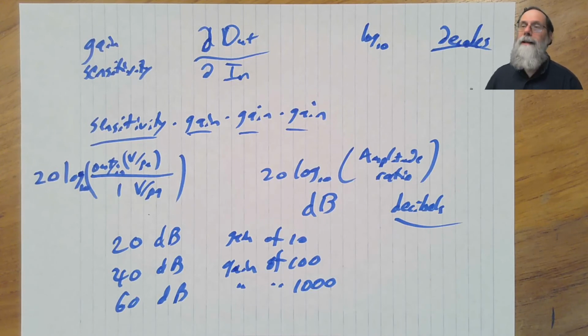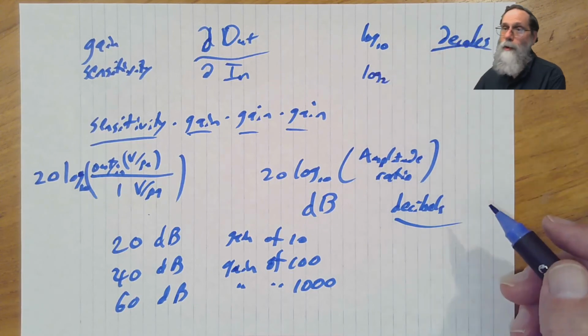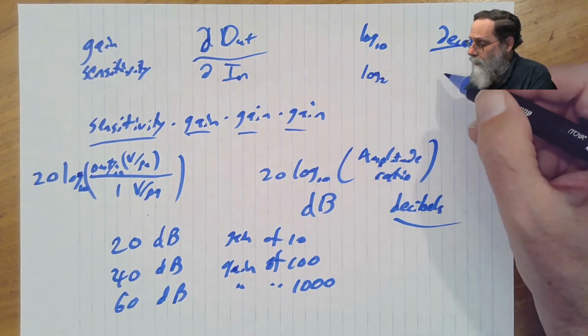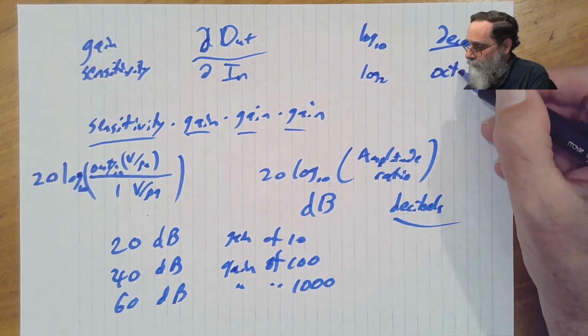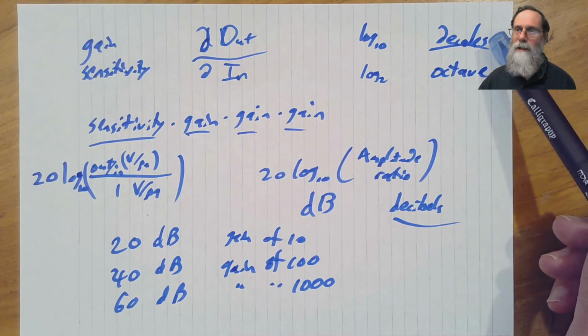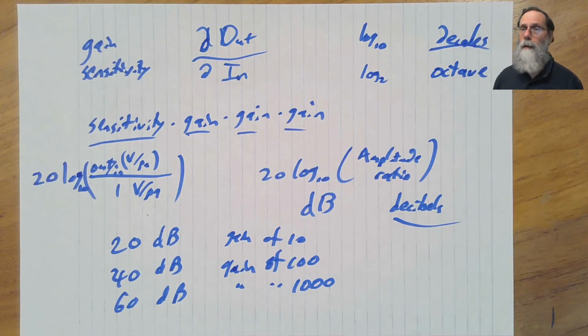You'll also see a lot of log base 2 used, particularly in terms of frequency, where the steps are octaves. 1 octave is a ratio of 2 in frequency, 2 octaves is a ratio of 4, 3 octaves is a ratio of 8, and so forth. So quite often you will see people referring to how many decades or octaves something is. These get used particularly for frequency, but also sometimes for other units.